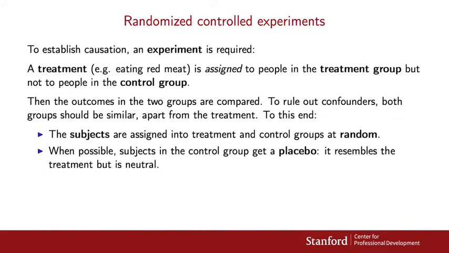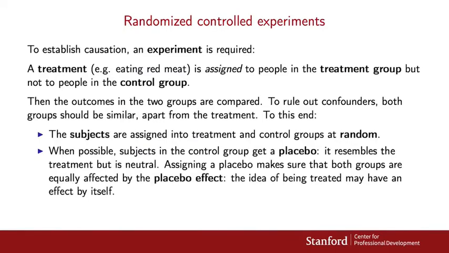Then the placebo would also be a pill which doesn't have any medication in it. Why would we do that? It turns out that the idea of being treated may already have an effect by itself. This is called the placebo effect. Assigning a placebo to the control group makes sure that both groups are equally affected by this placebo effect.